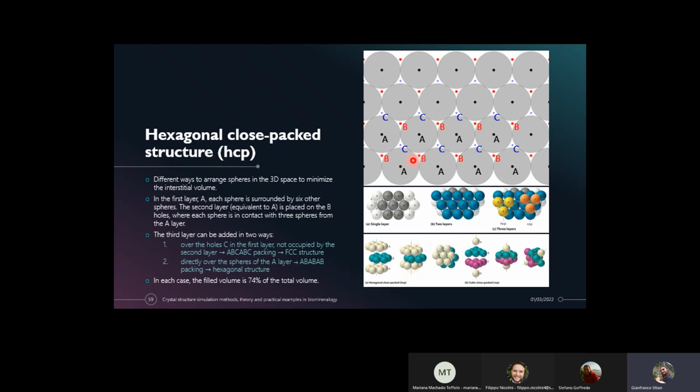Or the third plane could be centered on the C spot, the third plane A, B, C, and in this case it represents the face-centered cubic structure. Okay.